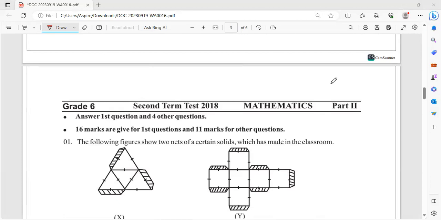Shashindi, have you done? Teacher still counting. Okay.